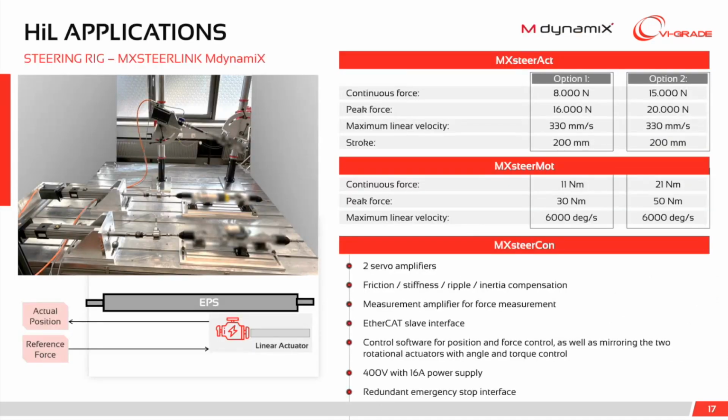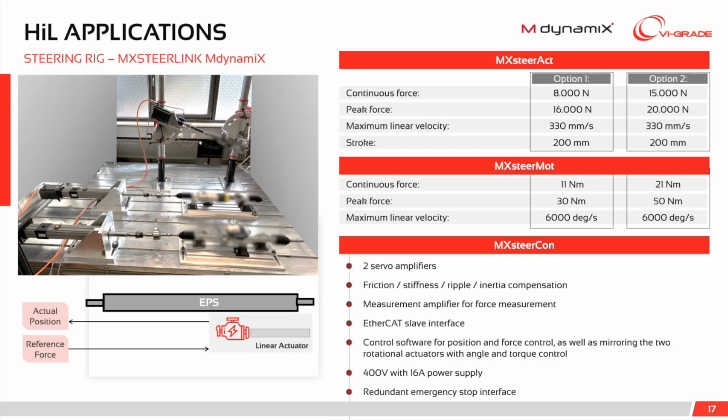First, with M Dynamics, we have a very compact system, option 1, with 16 kilonewton of peak force and continuous force of 8 kilonewton. The system can of course be upgraded for traditional steering systems, but the major differentiator is that we use a single tie rod linear actuator and compensate for the absence of the second tie rod actuator.